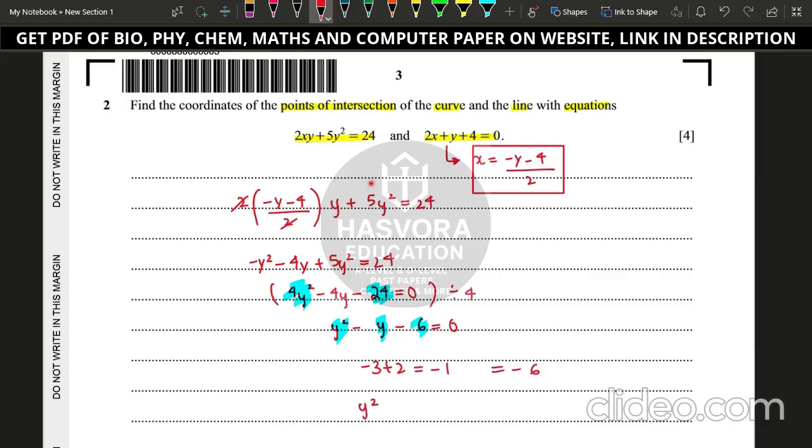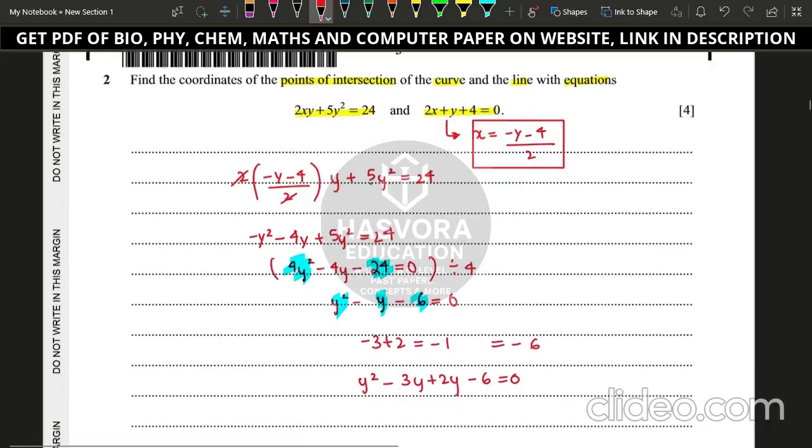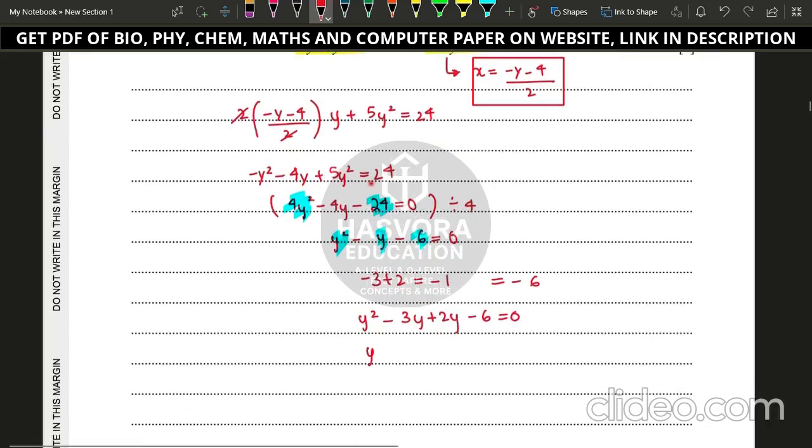So y square minus 3y, because we have the sign of minus, and then plus 2y, and then minus 6 equals 0. So y into y minus 3 plus 2 into y minus 3 equals 0.